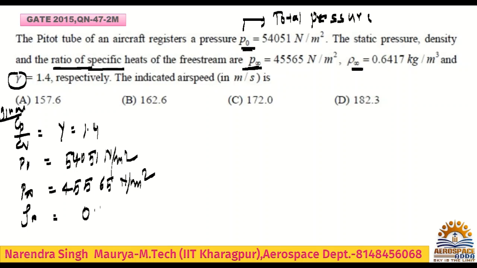Density is 0.6417 kg per meter cube. Static pressure, density, and gamma are given respectively. The question is the indicated airspeed in meter per second.